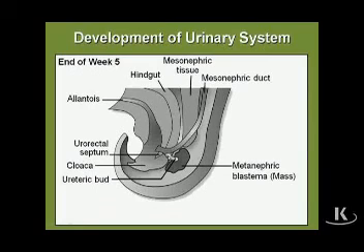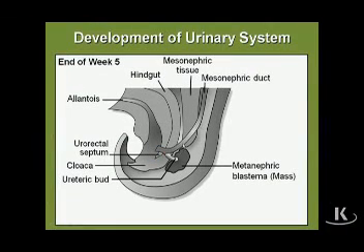Putting together two thoughts that we've already expressed, one that the mesonephric duct in males becomes the ductus deferens, and the second that the ureteric bud is a branch of the mesonephric duct, and the ureteric bud induces the metanephric blastema to become the kidney, that explains why if you find a male who's missing a ductus deferens on one side, you can be pretty sure that that male will be missing a kidney on the same side, because the absence of the ductus deferens implies that there was an absence of the mesonephric duct.